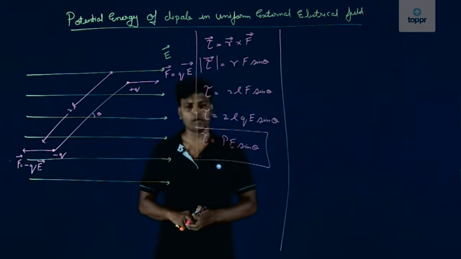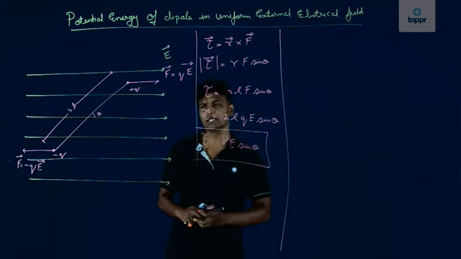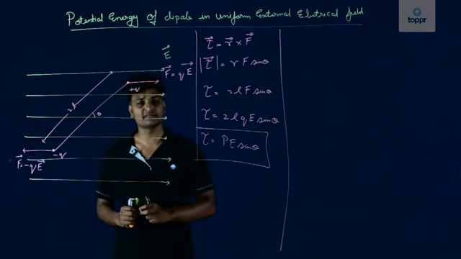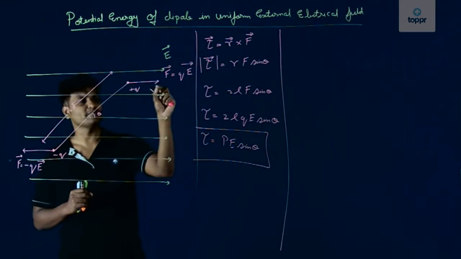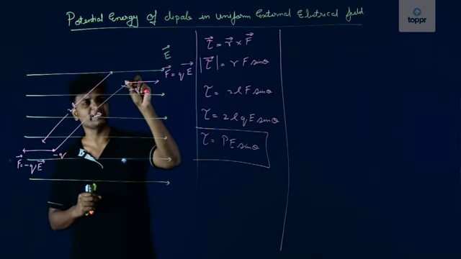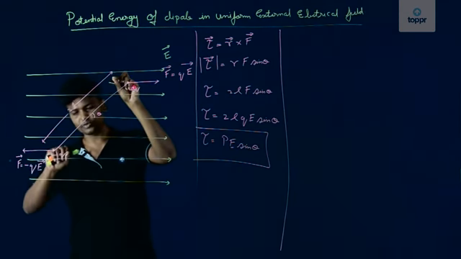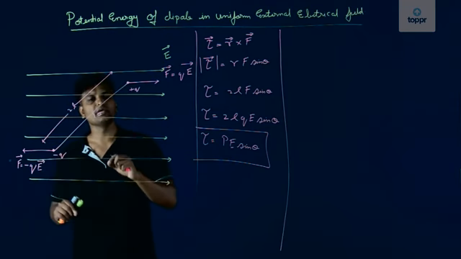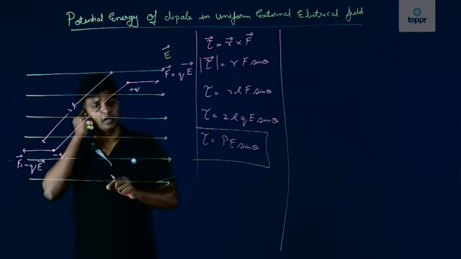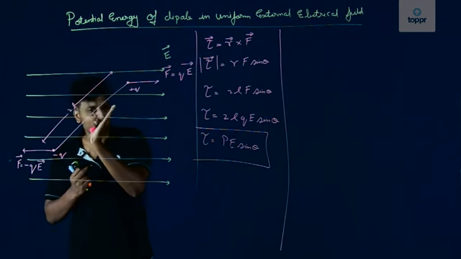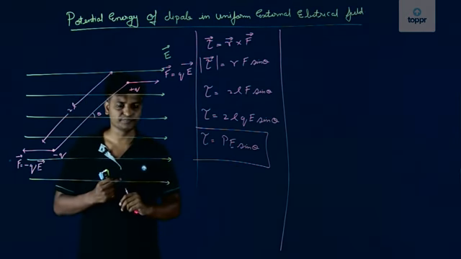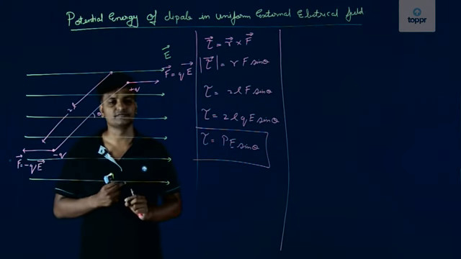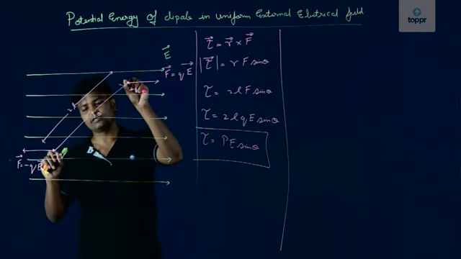Okay. Now what I am doing is I am applying external force, right? Exactly opposite to this force, and then displacing this, I am making some angular displacement of d theta, right?